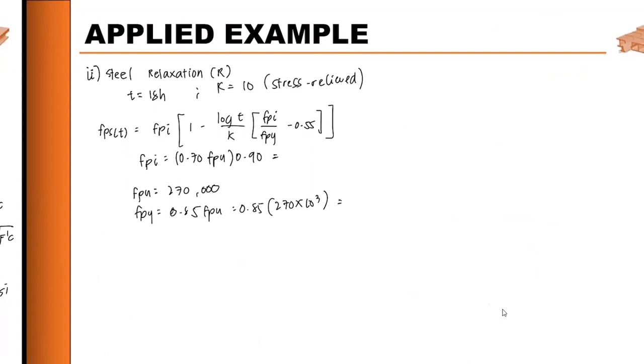Okay, so this is 0.7 times 270,000 times 0.9. 0.85 times 270,000. That is 229,500 PSI.